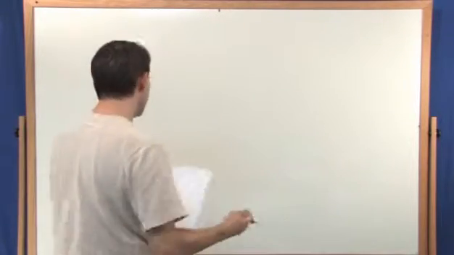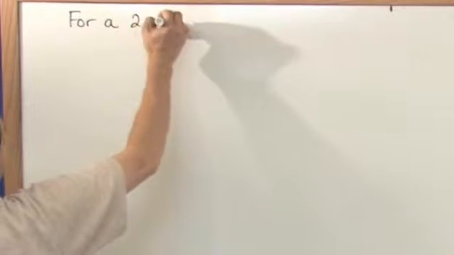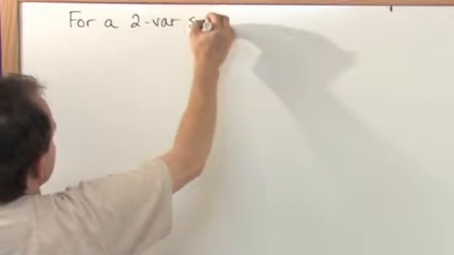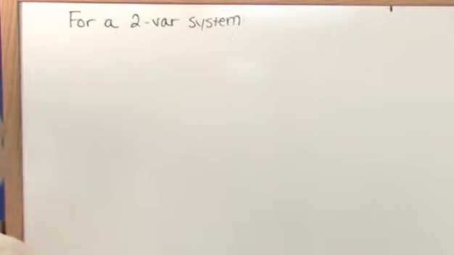Okay. So let's say for a two-variable system, in other words, a simple system with x and y, because we always start off with two-variable systems to make it easier to understand.